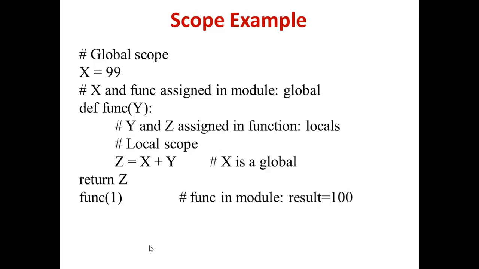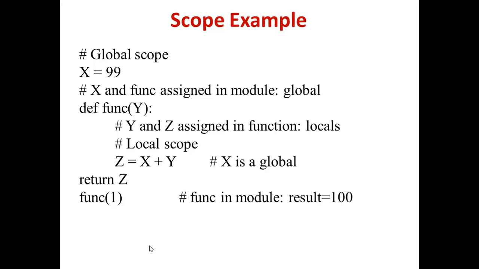What about x? Since I have initialized that x outside the function, it acts as a global. So the global will have a higher preference, so rather than the local, it will be considered the global. When I call this func, it will return the x plus y value.